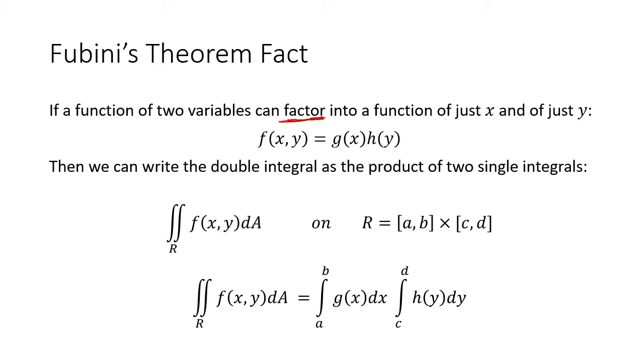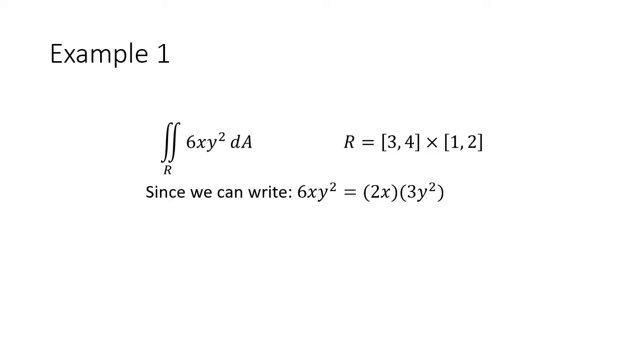If I can write it as a single function of x's times a single function of y's, by splitting up into multiplication, then I'm actually going to be able to split my problem up into two separate integrals. I'll be able to integrate with respect to x, then I'll be able to integrate with respect to y, two separate problems, and just bring their results back.